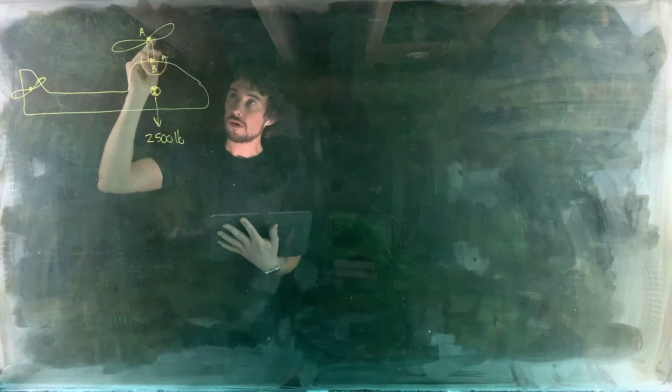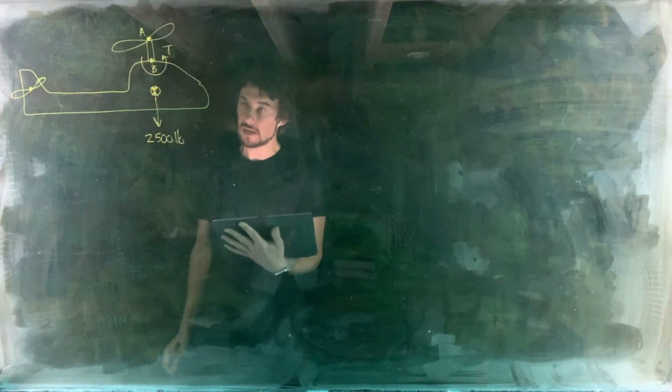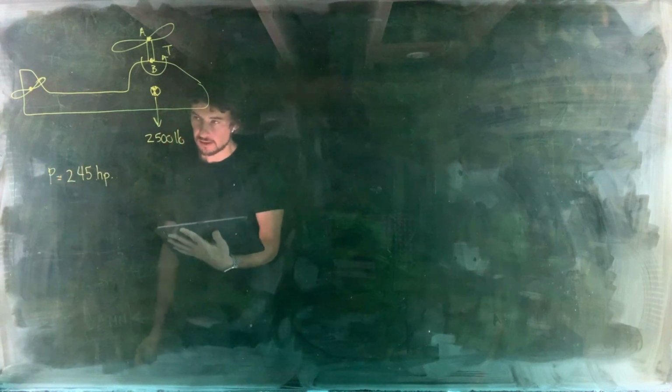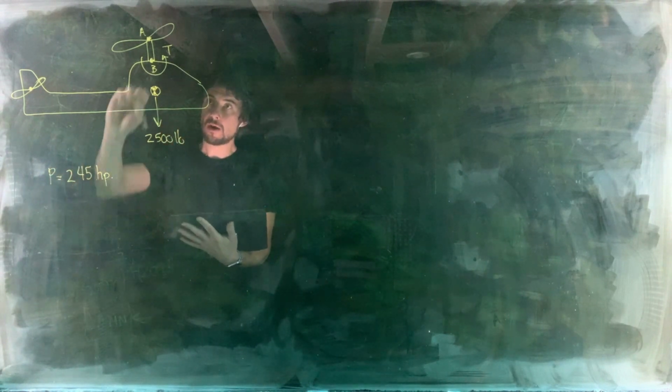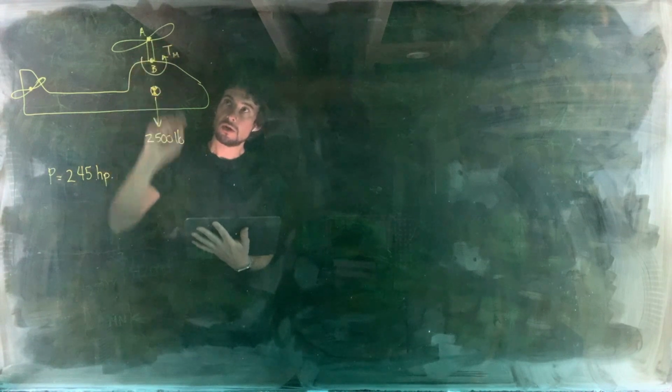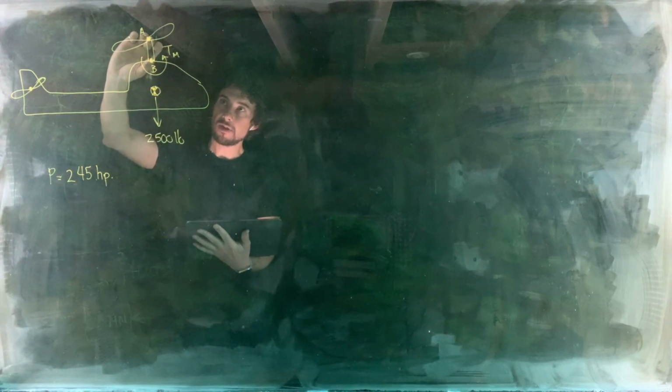Okay. So being delivered to shaft AB by the motor is a torque, and associated with that torque is a power of 245 horsepower.